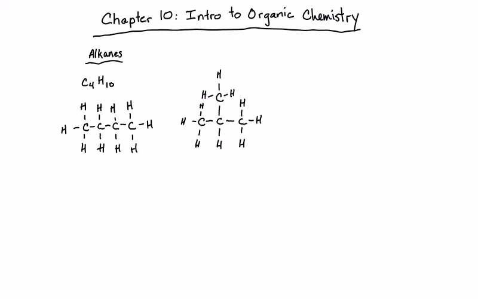And real quickly, here we can count that we have 1, 2, 3, 4 carbons, and we have 1, 2, 3, 4, 5, 6, 7, 8, 9, 10 hydrogens. So this is also C4H10. And this is the reason why we can't get away with just naming these things by their chemical formulas.